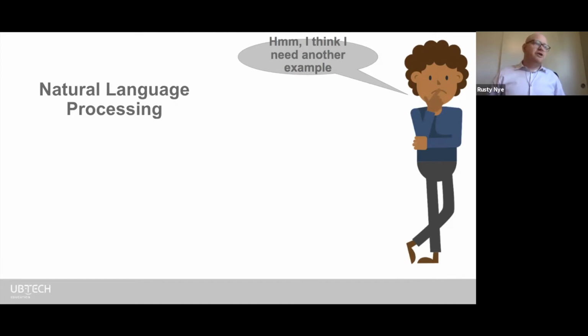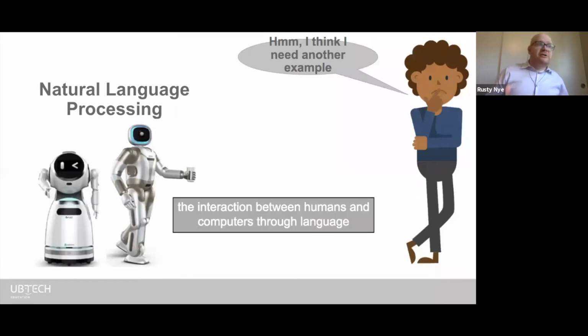This is a pivotal area of AI that has really impacted how we interact with computers. So what is natural language processing? We can basically define NLP as the interaction between humans and computers through the use of language.